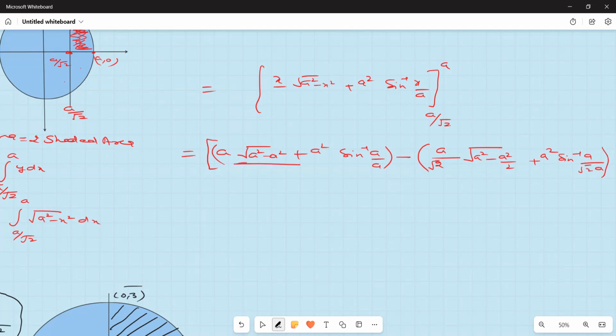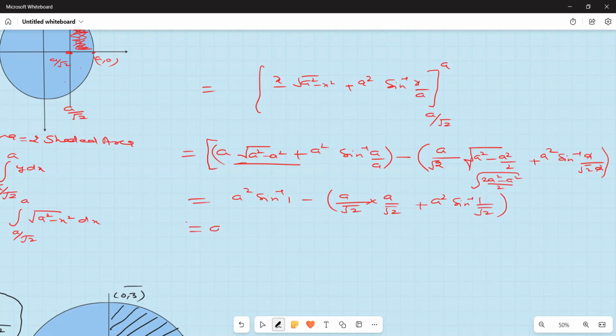So this is 0. This is a square by 2 sine inverse 1, minus, this is a by root 2. 2a square minus a square is a square, so a by root 2, right? Because this is totally under the square root. 2a square minus a square is a square, so a by root 2 plus a square by 2 sine inverse 1 by root 2. This a and a cancels.